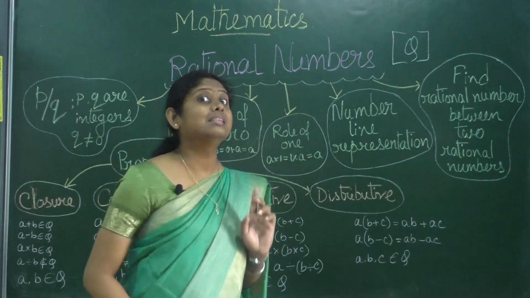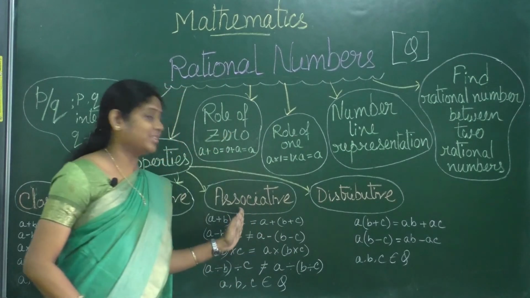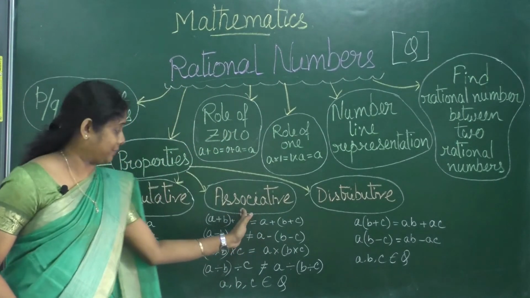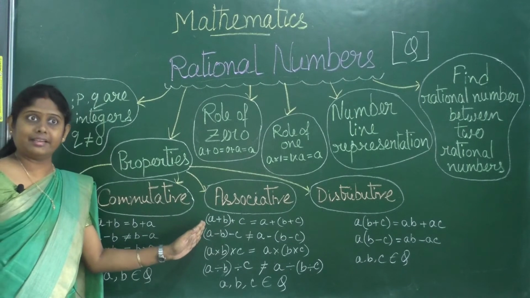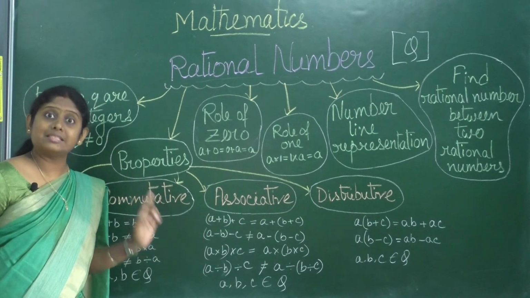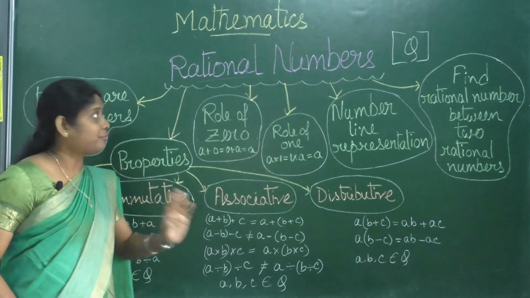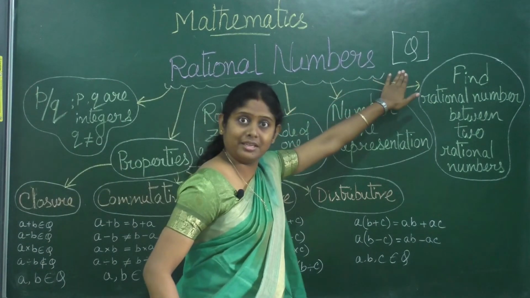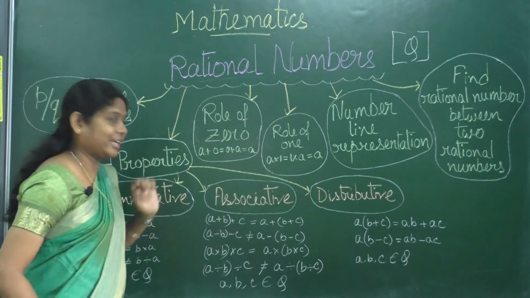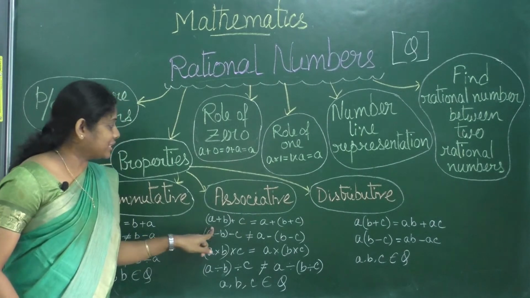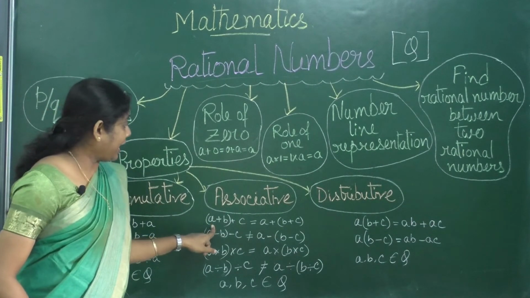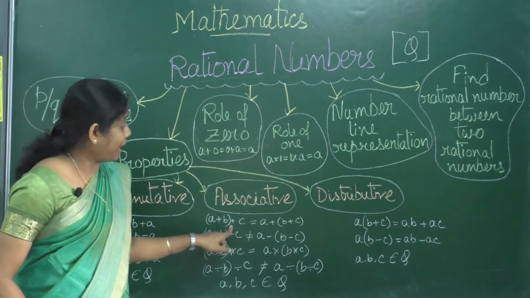Come to our third property, which is the associative property. Here we are taking a, b, c, three numbers from the set of rational numbers. Now check the statement. The first statement is a plus b plus c.